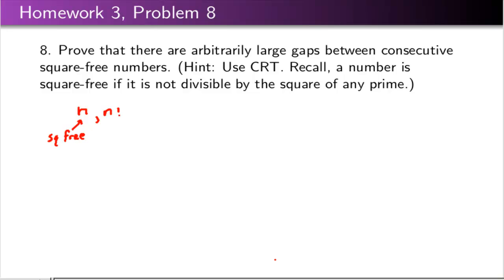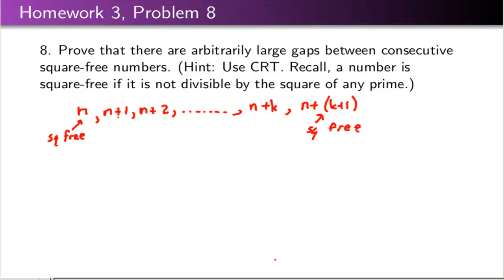And then you'll have n plus 1, n plus 2, and I'm going to create a great big gap, n plus k, and then n plus k plus 1, and this will be my next square-free number. So what we're looking for here is that these k consecutive numbers, from n plus 1 to n plus k, should not be square-free.